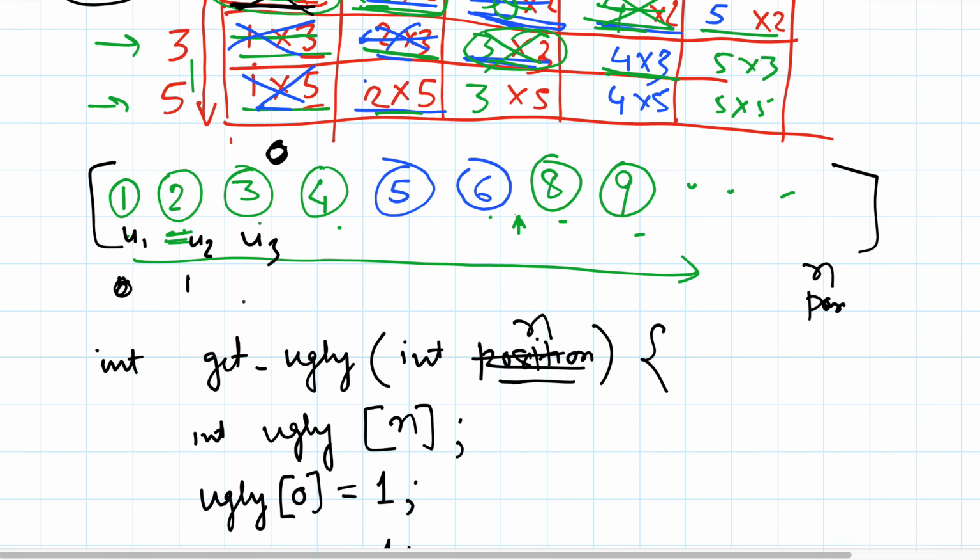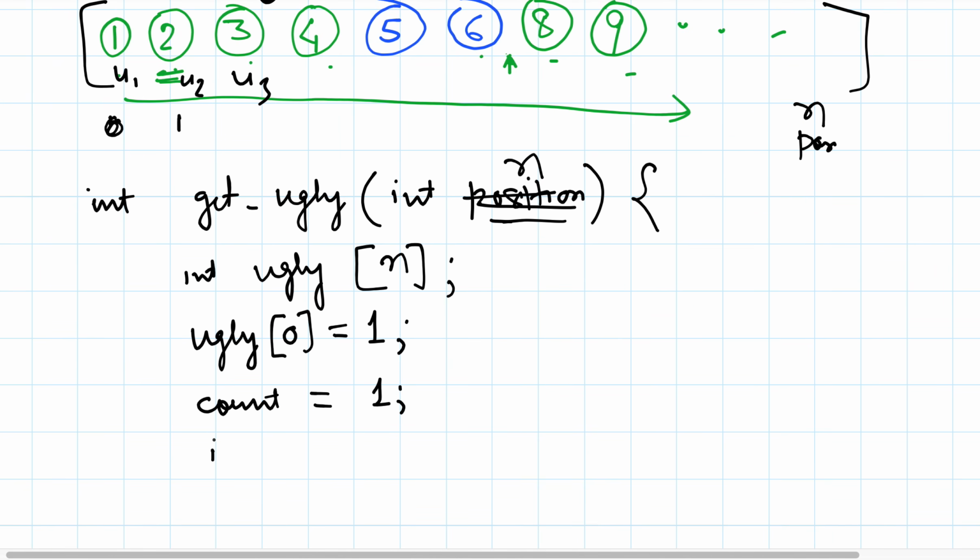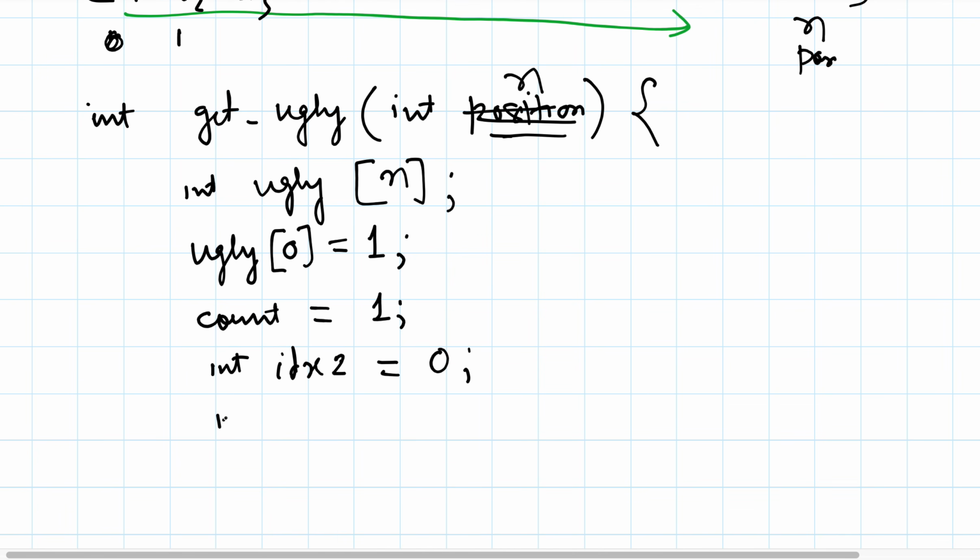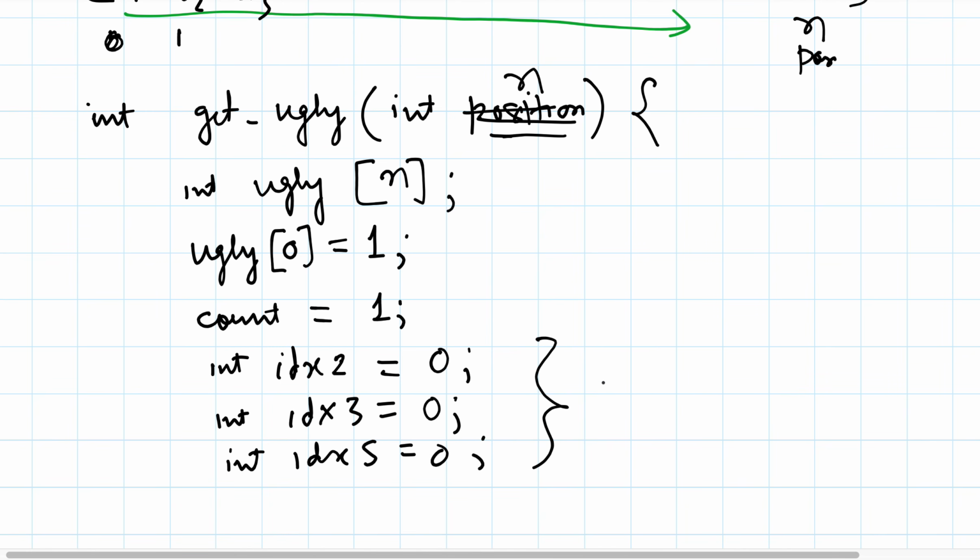So initially these three indexes, index 2 will be 0, index 3 will be 0, index 5 will be 0. So these correspond to ugly number 1.